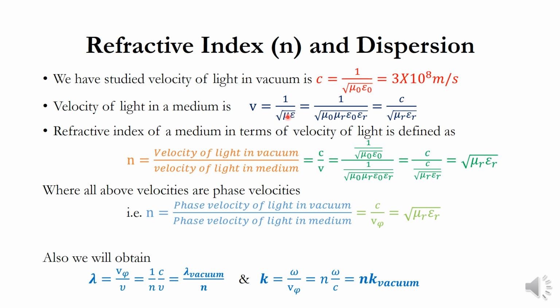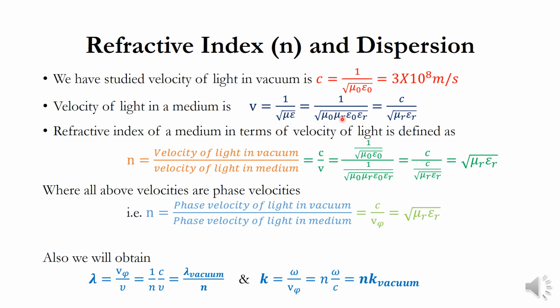Mu is the permeability of the medium and epsilon is the permittivity of the medium, where this mu is given by mu 0 into mu r, and this epsilon is also given by epsilon 0 into epsilon r.